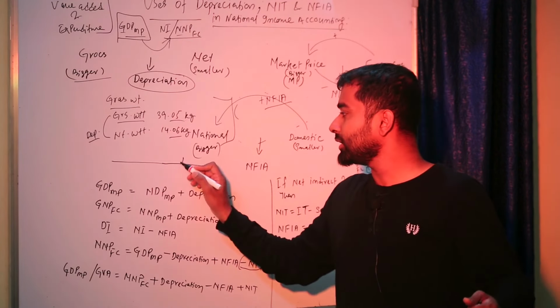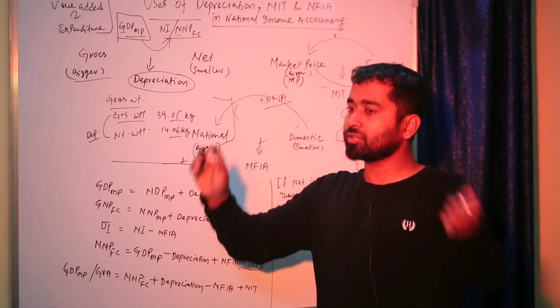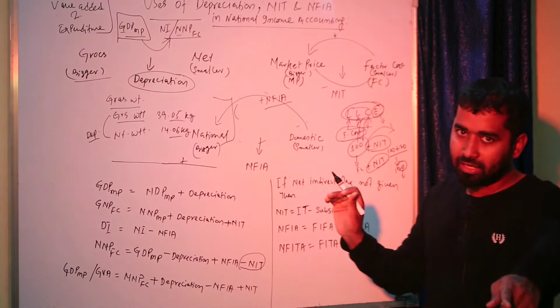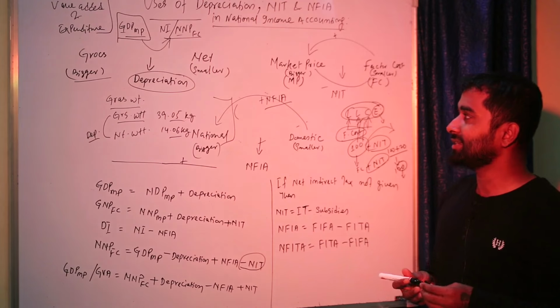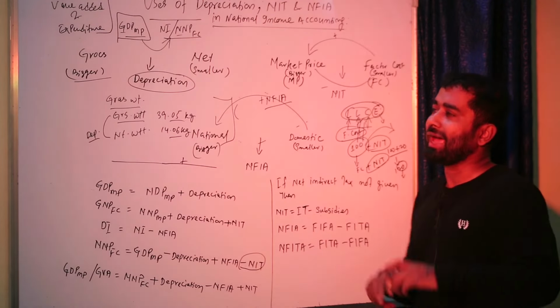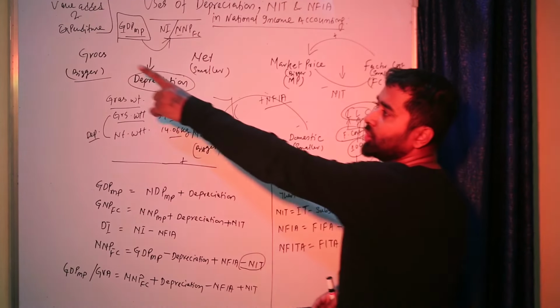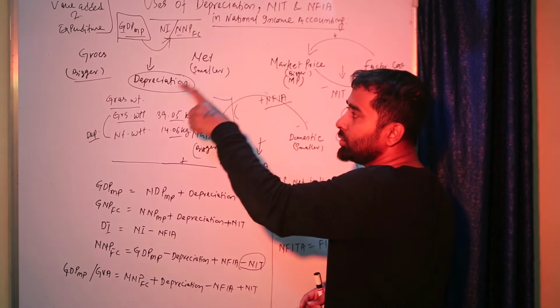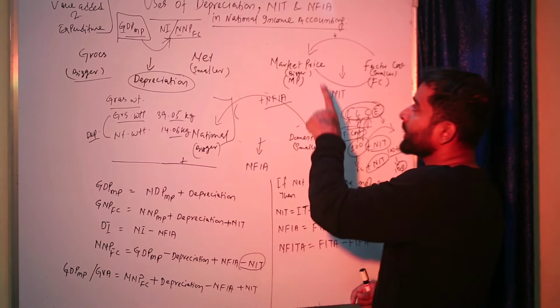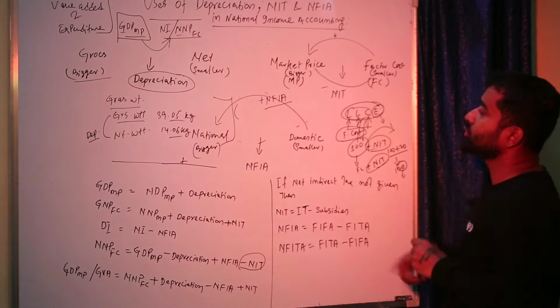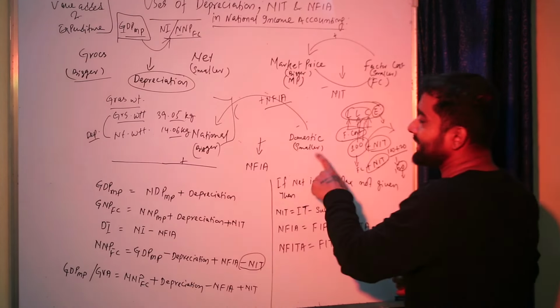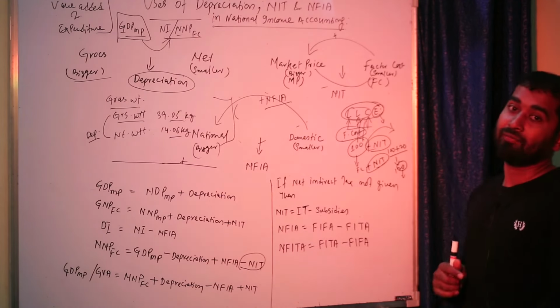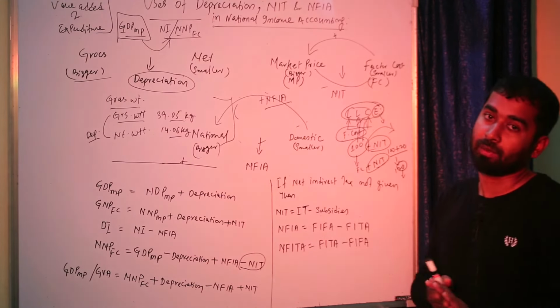So from domestic to national you should add NFIA, and from national to domestic you should subtract NFIA. That's it. These are the three tools I am summarizing. For gross and net, the tool is depreciation. For market price and factor cost, the tool is NIT, net indirect taxes. For domestic and national, the tool is NFIA, net factor income from abroad.